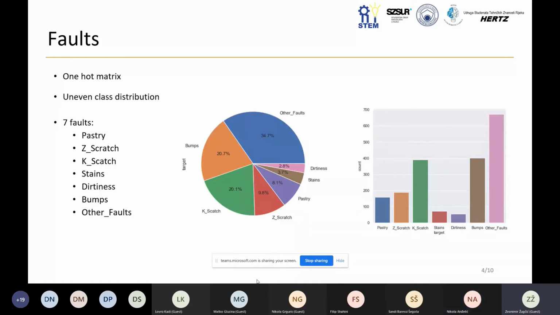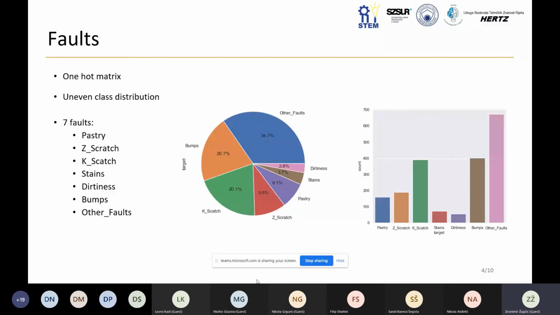It's unevenly distributed, with the class of other faults being over a third of total observations, and stains and dirtiness 10 times less, so under 100 observations. Other faults are defects such as stains, dirtiness, and bumps.